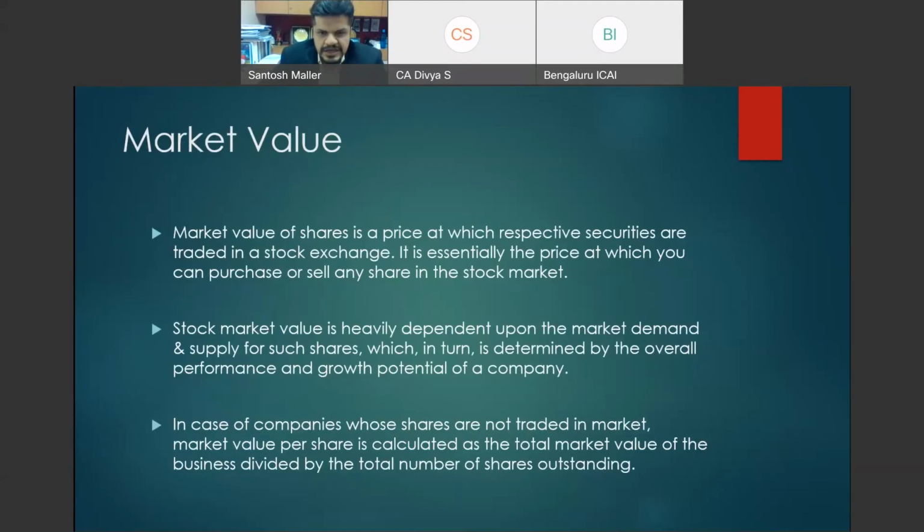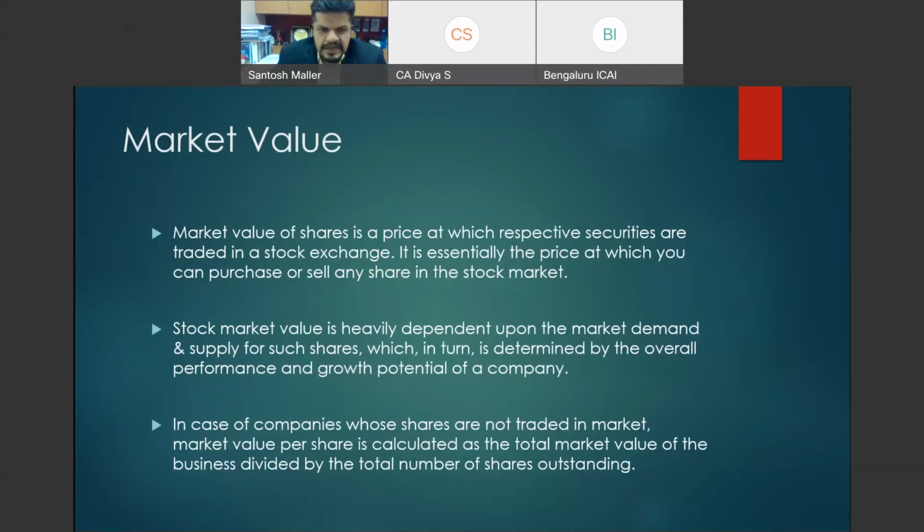It is essentially the price at which you can purchase or sell any share in the stock market. The stock market is heavily dependent upon the market demand and supply for such shares, which in turn is determined by the overall performance and growth potential of a company.